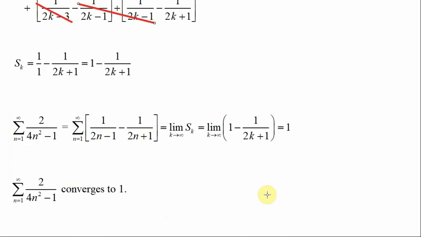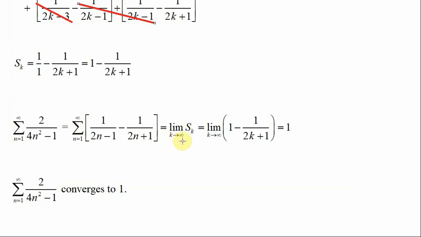This is the original infinite series. And this is the sum of the first k terms. And now if we allow k to run to infinity, then we get the entire infinite series. So the infinite series is the same as the limit of s of k as k approaches infinity.